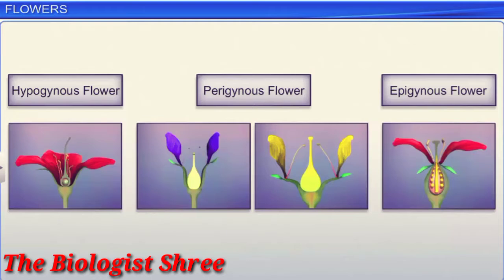Based on the position of the gynoecium with respect to the calyx, corolla, and androecium on the thalamus, flowers are described as hypogynous, perigynous, and epigynous.